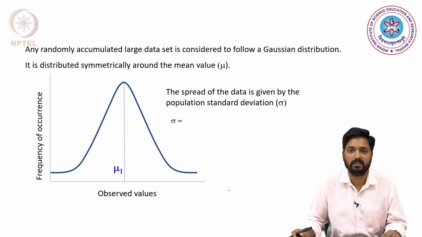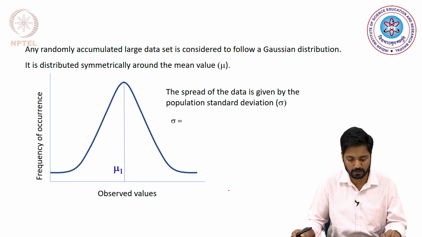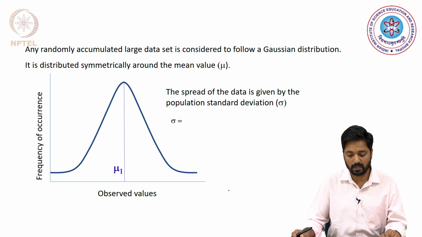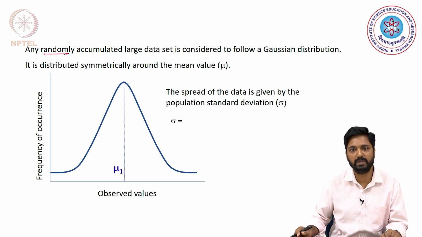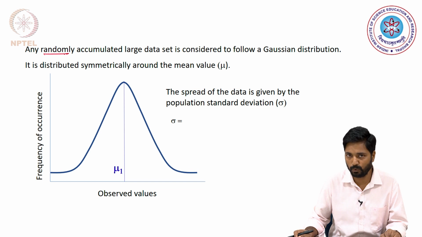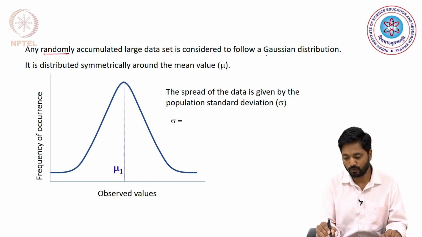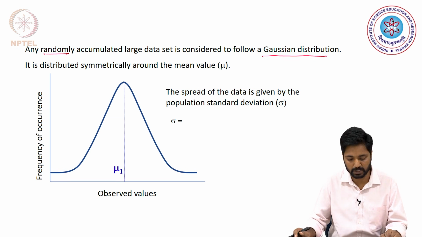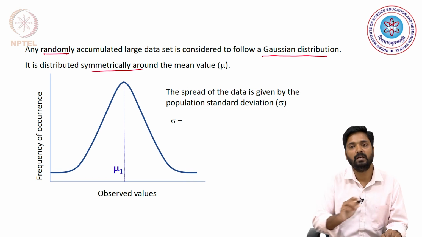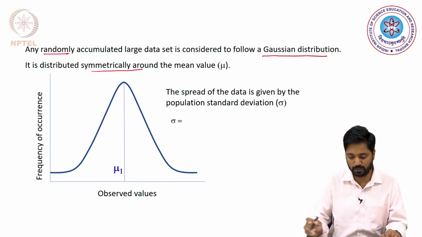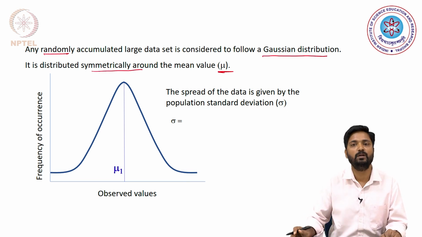Another point that has been emphasized in this course is that when we collect a large set of data and we collect it in a random manner, that means we do not put our own influences or biases into it, this data will follow a Gaussian distribution. So it would be distributed symmetrically around the mean value which we indicate by mu.